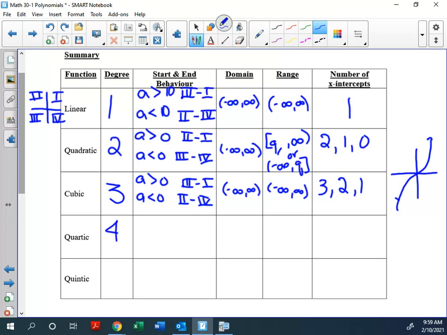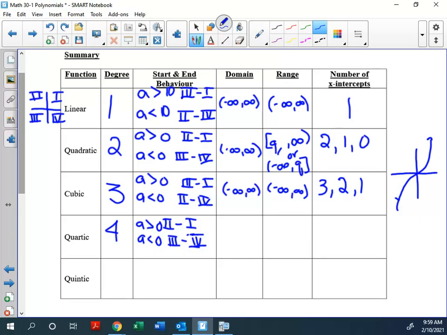Okay, quartic. What did quartics behave like? Parabolas. So it is going to repeat the start and end behavior. It's going to be like a parabola opening up if A is positive, and it's going to behave like a parabola opening down if it's negative. Domain.